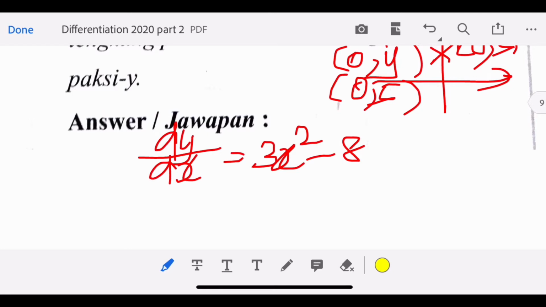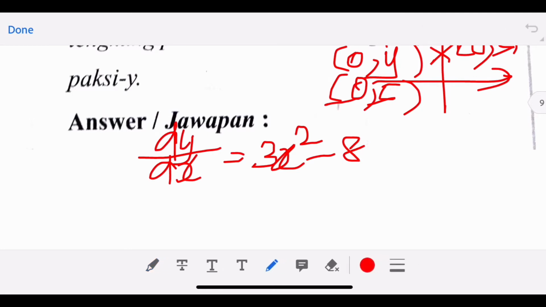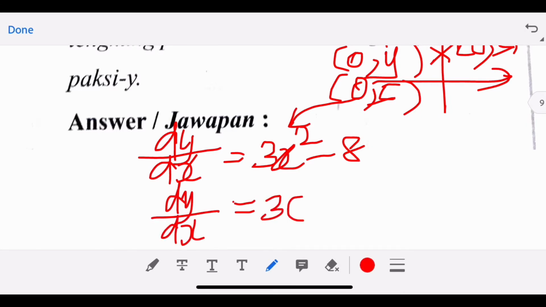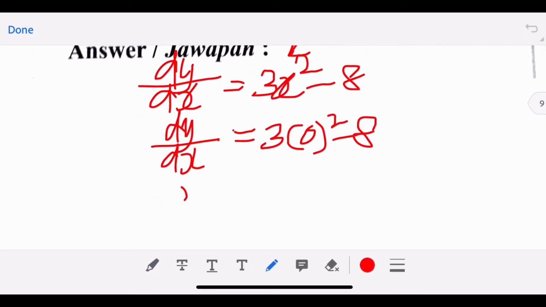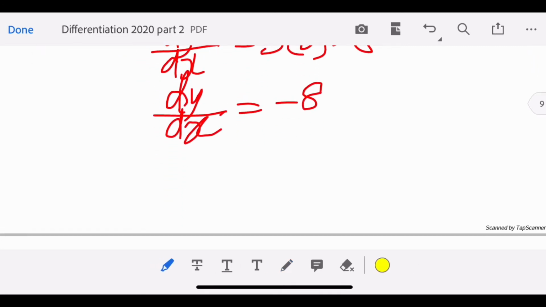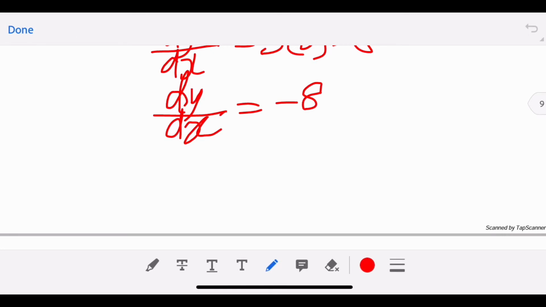So it's very simple. dy/dx will be equal to 0 minus 8, which is -8, right? Okay, 0 squared minus 8. So actually dy/dx is equal to -8. That's all. Okay, that's the dy/dx for this question. So it looks like quite simple also.